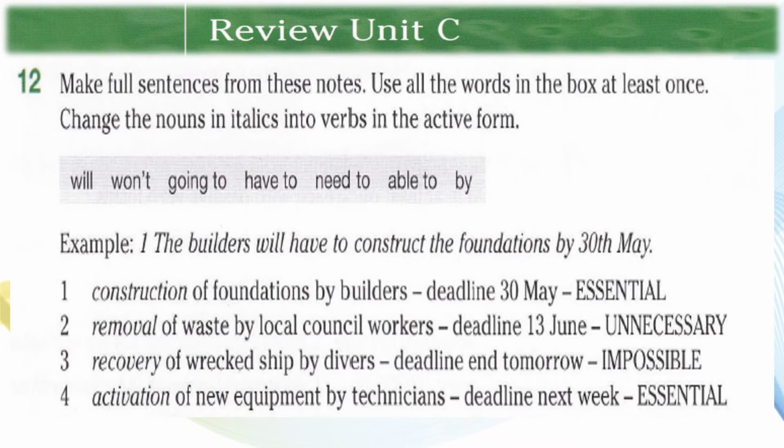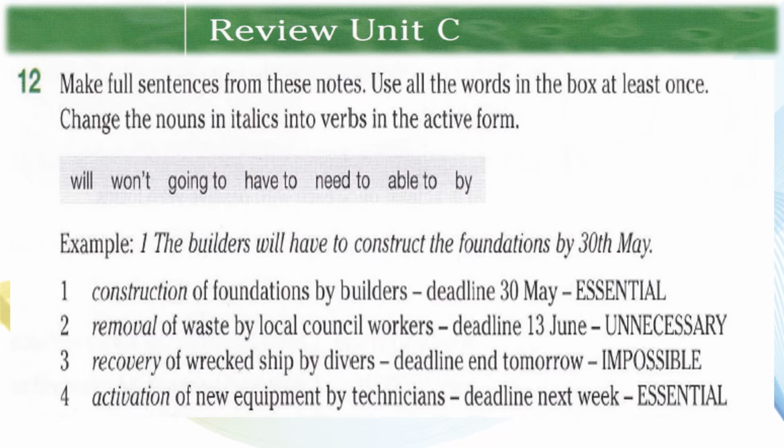The exercise says, make full sentences from these notes. Use all the words in the box at least once. Change the nouns in italics into verbs in the active form. Now, after we learned the verb form and the noun form, now we have to use them to make our sentences like in the example.